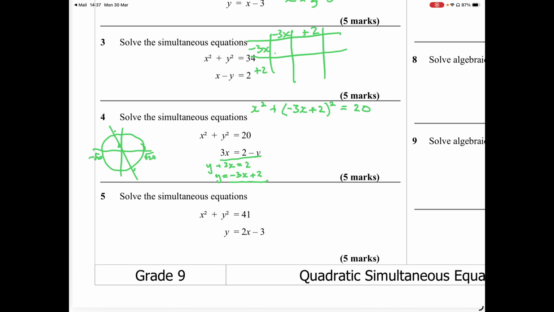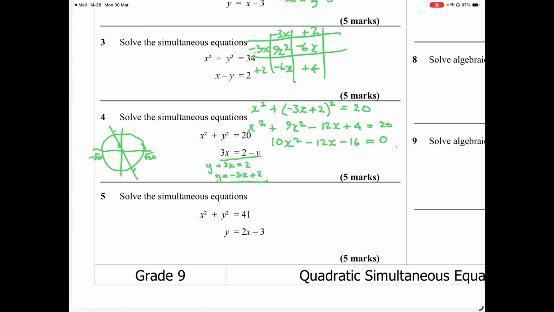For this we get 9x squared, plus 4 over here, and then minus 6x, minus 6x. So this gives us x squared plus 9x squared minus 12x plus 4 equals 20, which gives us 10x squared minus 12x minus 16 equals 0.